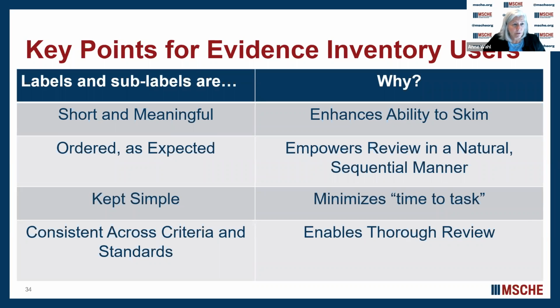Any headings, any transitional phrases, any visuals, anything you use should be consistent across the criteria and the standards. And the answer why, it's the ability to skim and move through lots of things, and it empowers the review in a very natural, sequential manner. Again, think of the report, it minimizes the time on task and enables a thorough review.